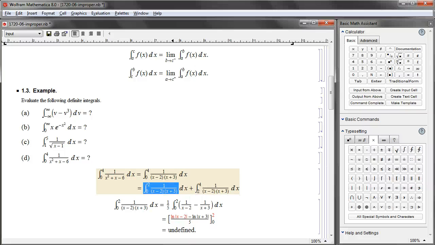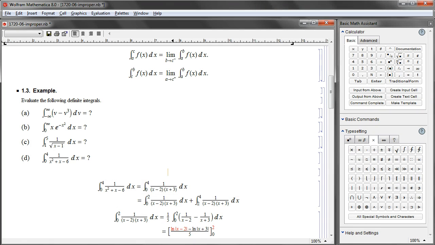The first interval is based upon this interval. So domain of this function is actually 0 to 2 union 2 to 4.